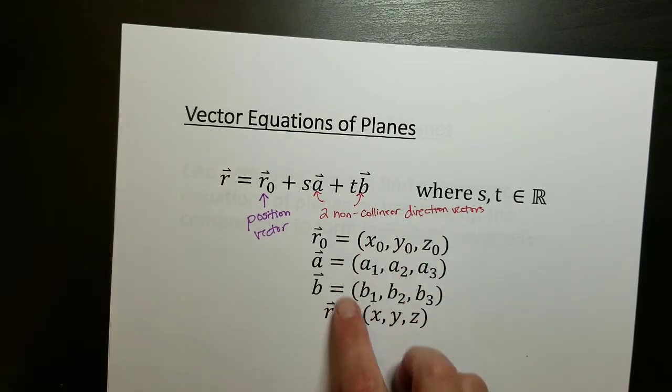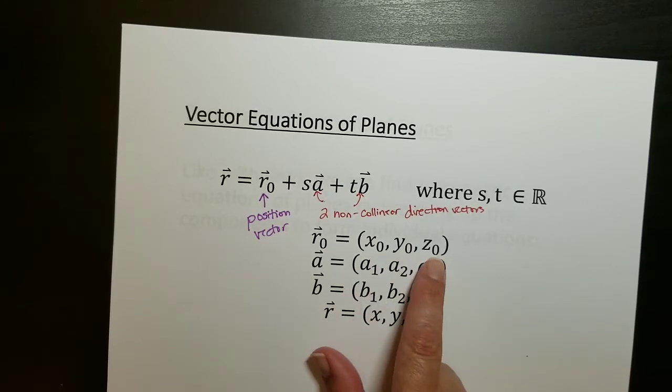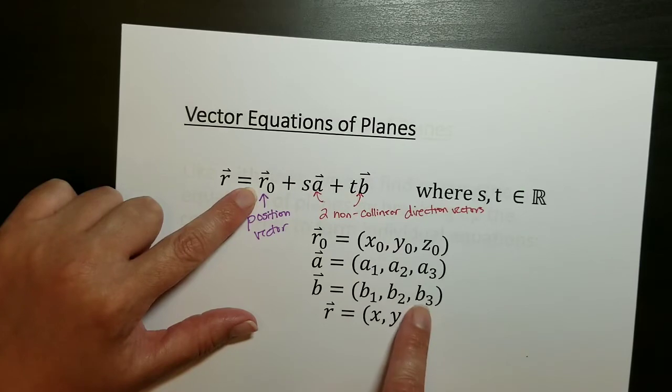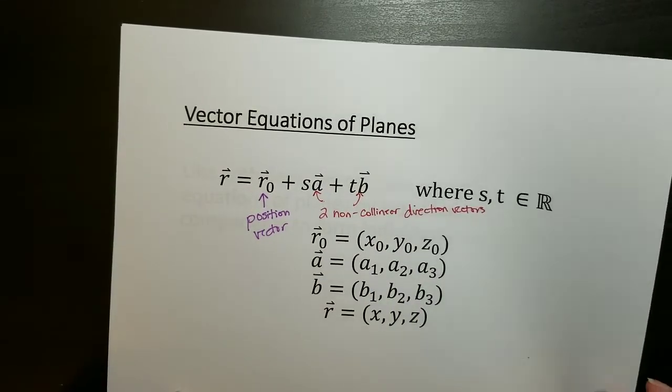The symbols we're going to use are X, Y, and Z for the general point, X naught, Y naught, and Z naught for the initial position, and then A1, A2, A3 and B1, B2, B3 for the components of your direction vectors.